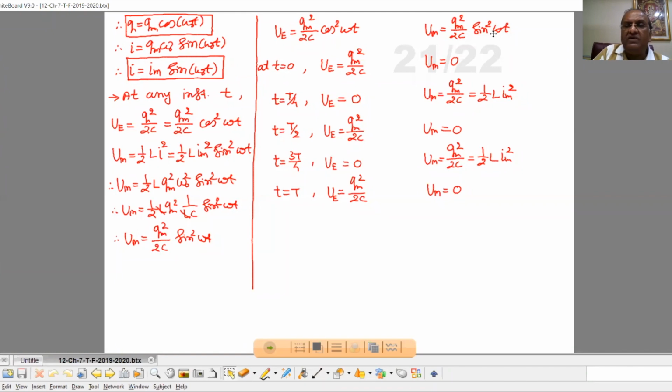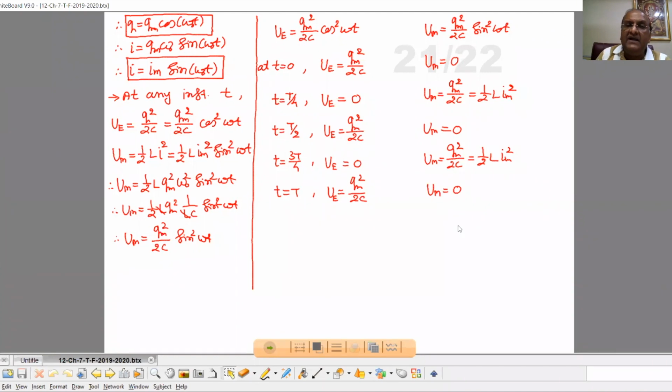This will also be 1 by 2. So in that particular case, we will get the total energy half in the form of electric energy, half in the form of magnetic energy. So in this way, the oscillations will be obtained.